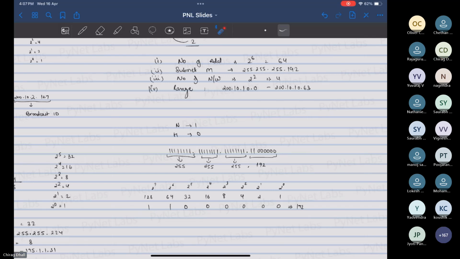Awesome, that's great. Deepak, to calculate the block size, you just need to use the host bits on the power of 2. You'll get the block size. It's 64 in our case.